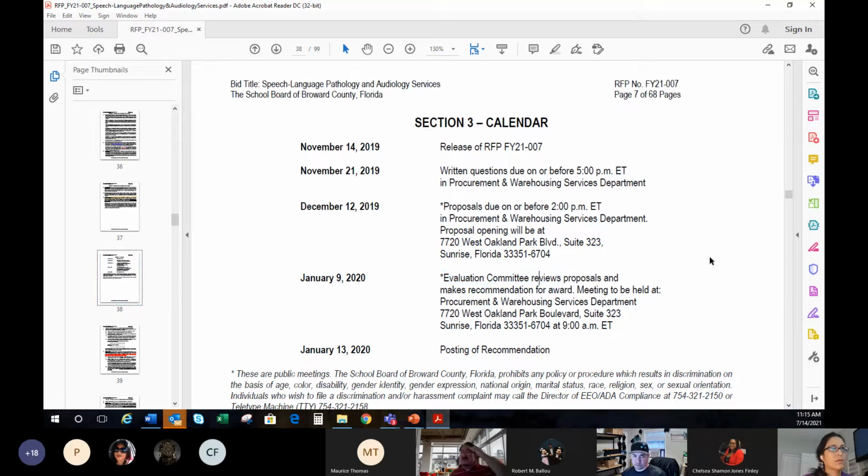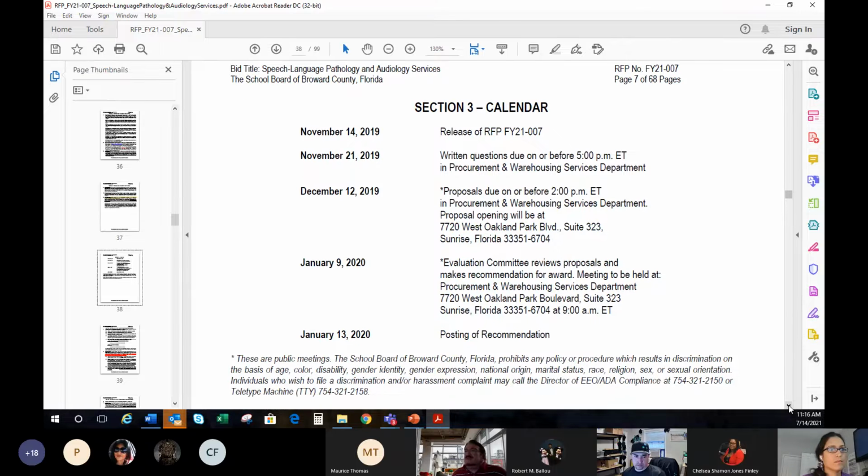Now, the closed door meetings would be anything like if the committee members have specific questions that they want to ask the proposer, then depending on whether this is going to be virtual or in person. In person, we do ask all of the proposers to leave the room while we ask the questions to the proposer.